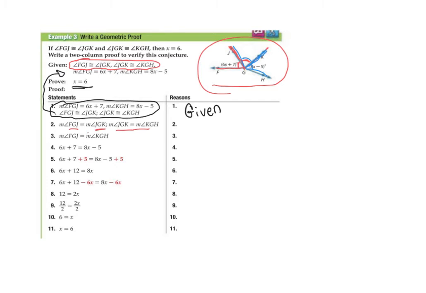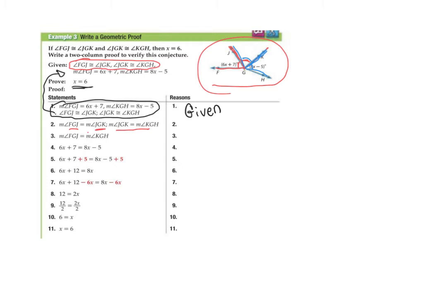Because in order to do algebra, like plugging in equations and solving an equation, I need to have an equal sign. I cannot have a congruent sign. So we are saying, hey, this is still true, but now instead of it being congruent, it is equal.